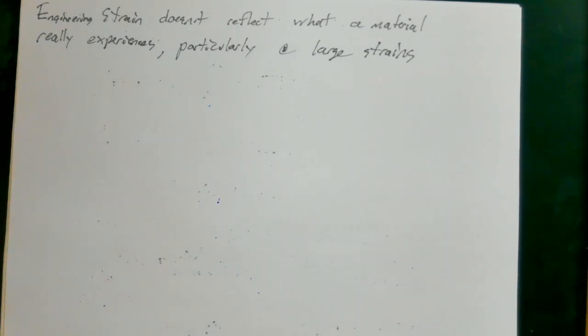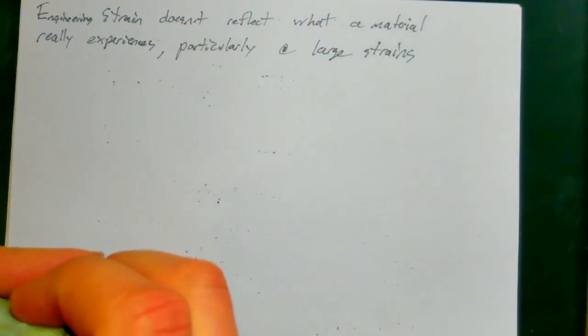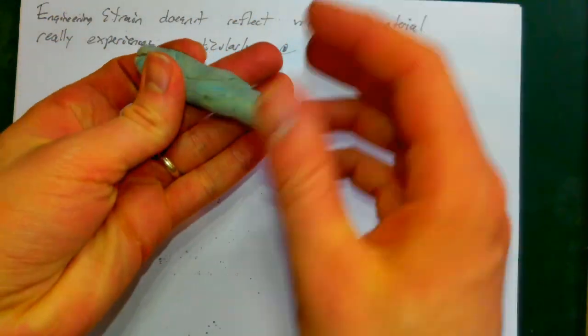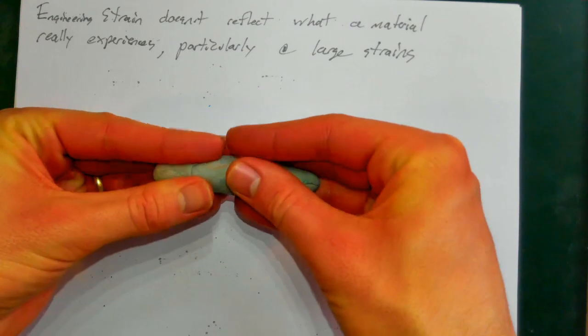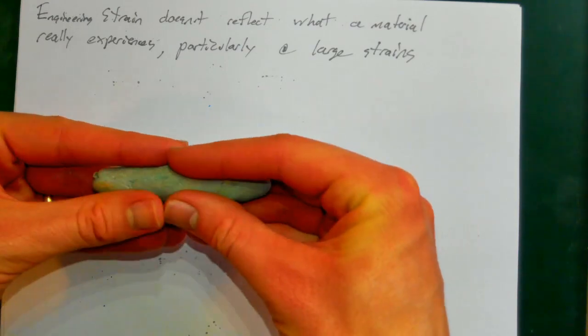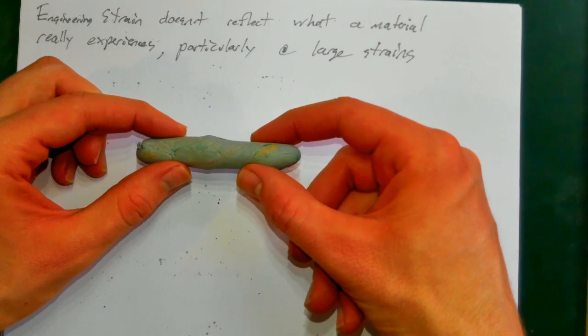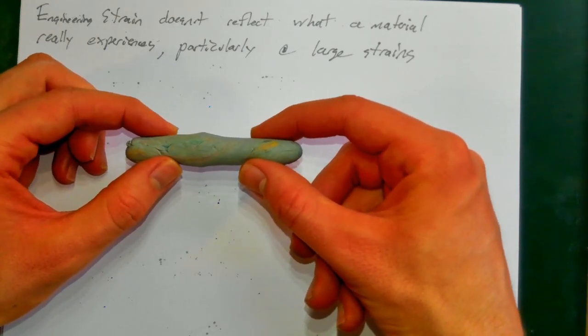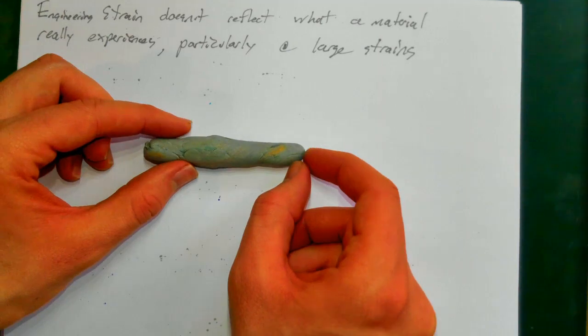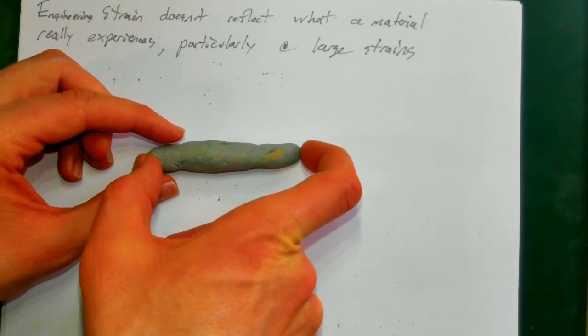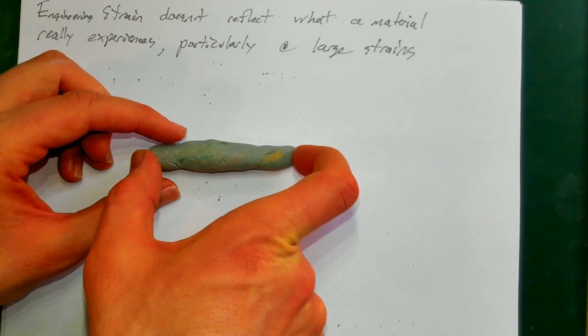Well, if you imagine a little chunk, let's say this chunk of Play-Doh right here, and I take it and stretch it just a little bit. Initially, for that first little bit of change in length, the original length describes a pretty good fraction of what it was.